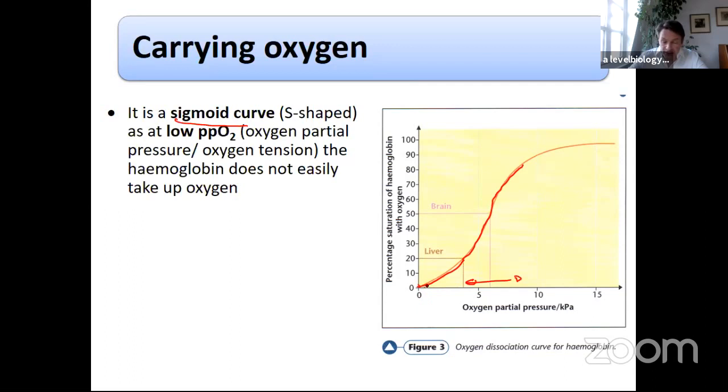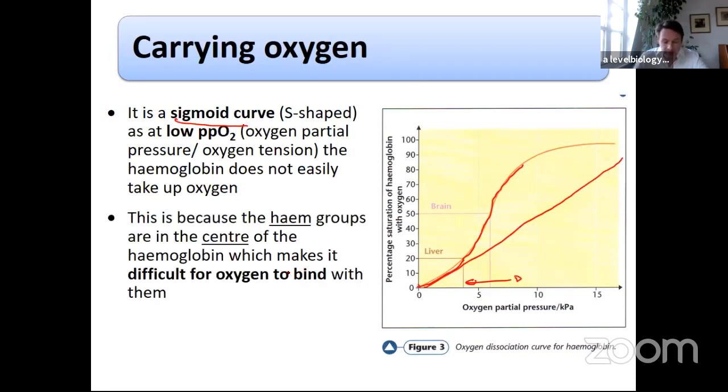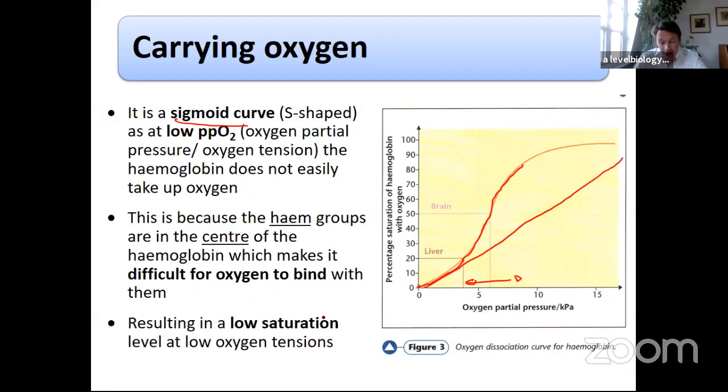Now, this is a sigmoid curve rather than a straight line, which you'd expect. This is because the heme groups are in the center of the molecule, which makes it difficult for the oxygen to bind with them. So at low partial pressures of oxygen, you've got a low percentage saturation of the hemoglobin with oxygen.